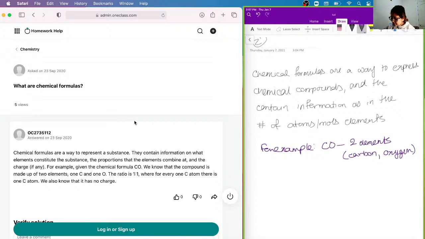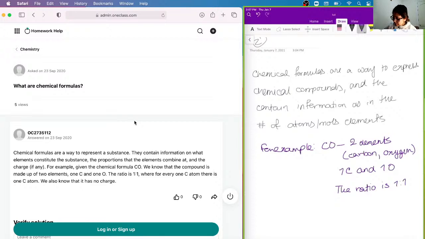So this chemical formula is telling us that we have one carbon and one oxygen, so the ratio is 1 to 1, and we can tell this by looking at the chemical formula, which is CO. For every one carbon atom, there's one oxygen atom.